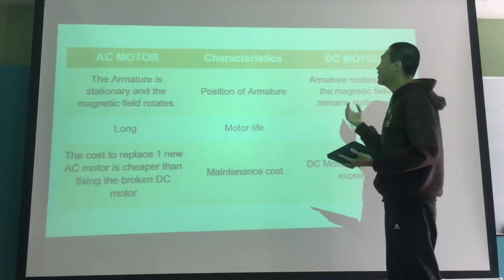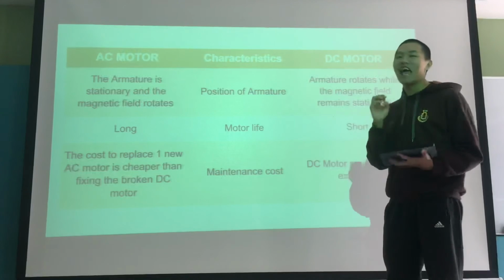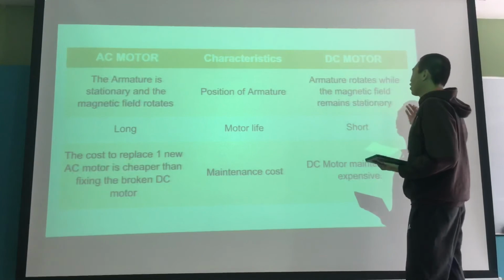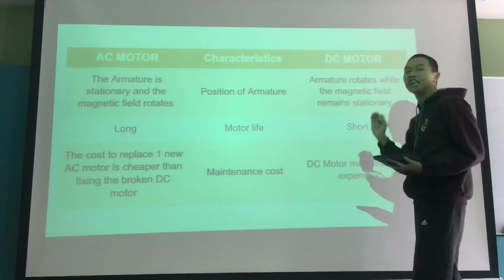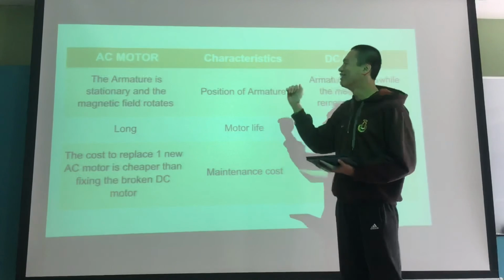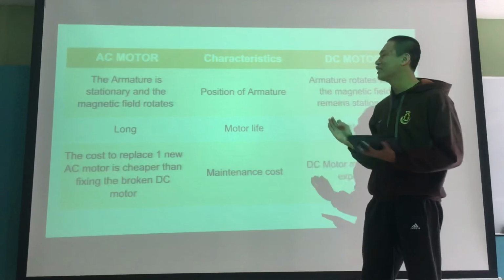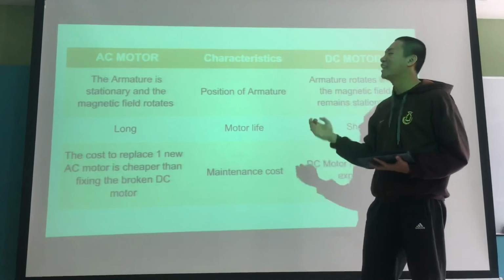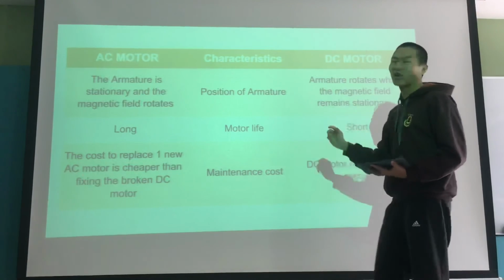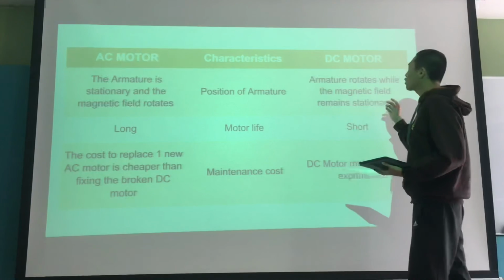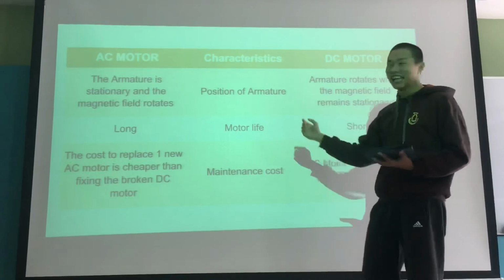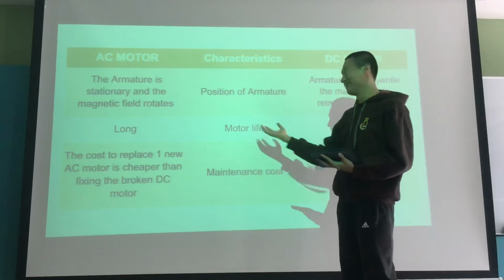Next is the position of the armature. For the DC motor, the armature rotates while the magnetic field remains stationary. For the AC motor, the armature is stationary and the magnetic field rotates. For motor life, the life of the DC motor is short, but the AC motor's is long.